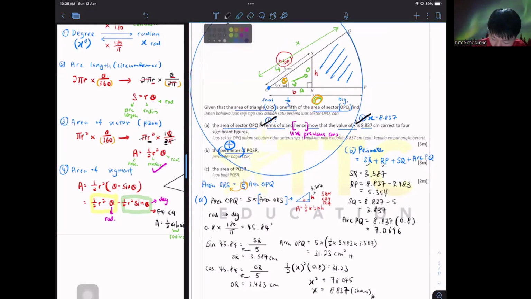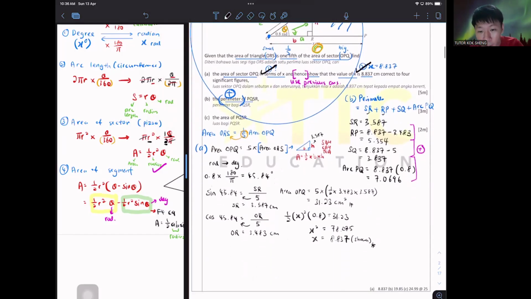Okay, now all these four answers add together. One, two, three, four. 3.587, 5.354, and followed by 3.837, last one, 7.0696. 19.